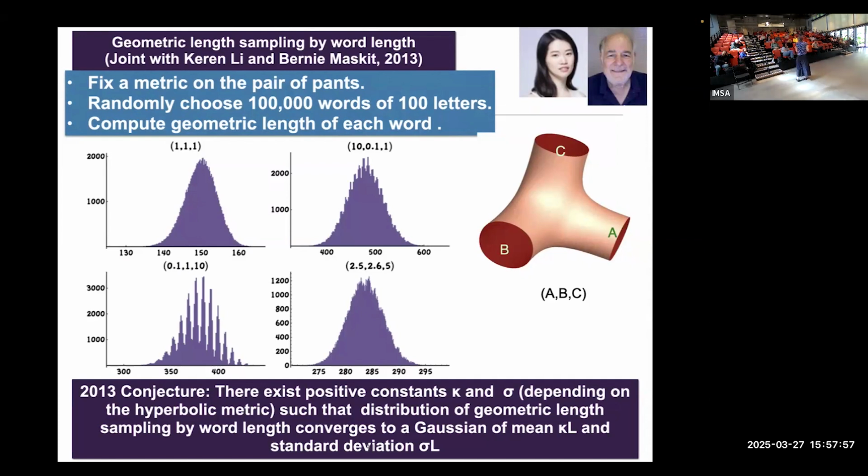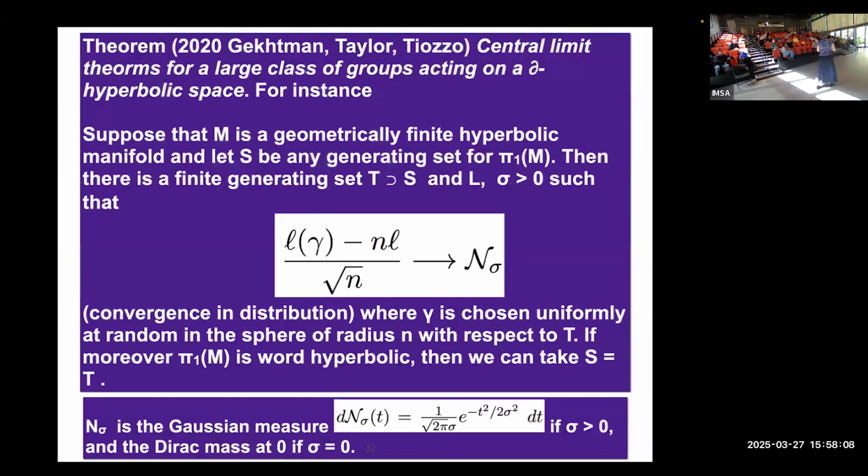By choosing certain generators, it's not reflecting the symmetry that we have in the pair of pants. But in the limit, in fact, now we know, because Goldman, Taylor, and Tioso generalized this to much more. Now you have a very general hyperbolic manifold, and you make exactly the same computation. The statistic with the length of all the elements goes to a Gaussian. So this is in fact true. That's what we did years ago.